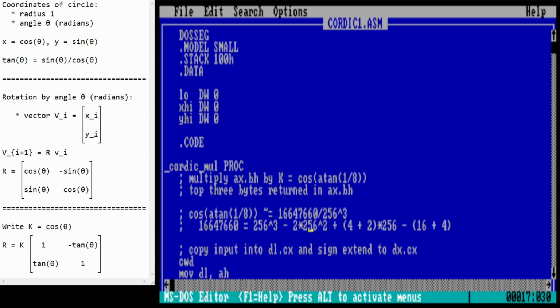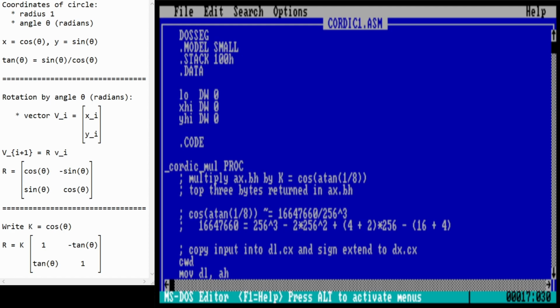But these other terms now say that we have to add or subtract various shifts of our input from that output. So what I'm going to have to do is make a copy of my input in order to shift it about. So I decided to use the DL and CX registers for that. There's 3 bytes here, and so we'll make a copy of our input into this, ready to start shifting it.